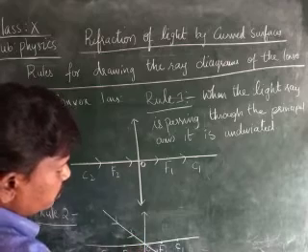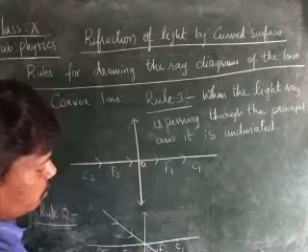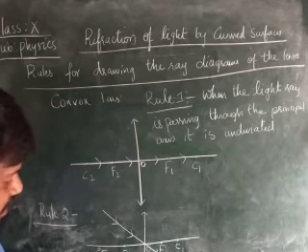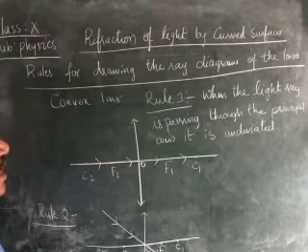Same as before, we should represent F1, C1, F2, C2 for the convex lens. The second rule is that when the light ray is passing through the optic center, it is undeviated.